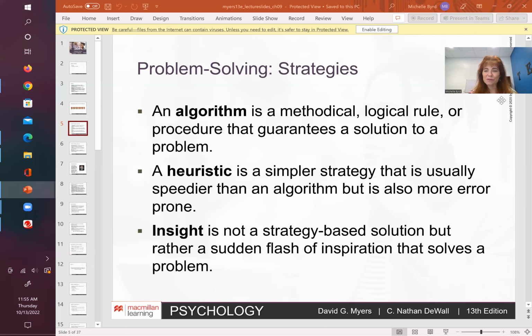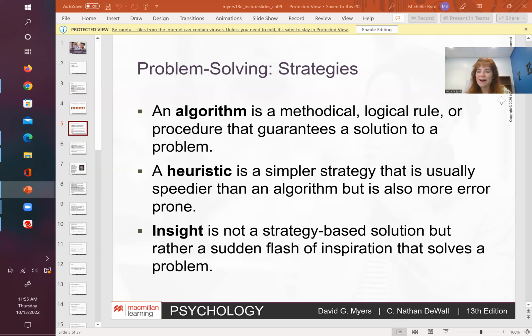Sometimes these algorithms are better than others. A heuristic is a simpler strategy that is usually speedier than an algorithm, but it also has a tendency to have more error involved.